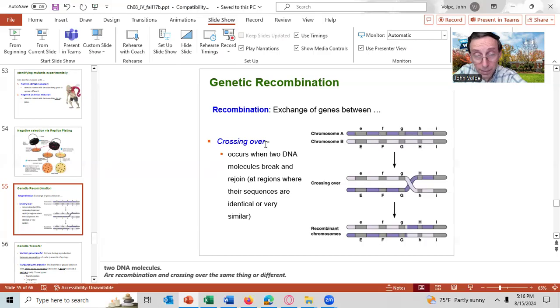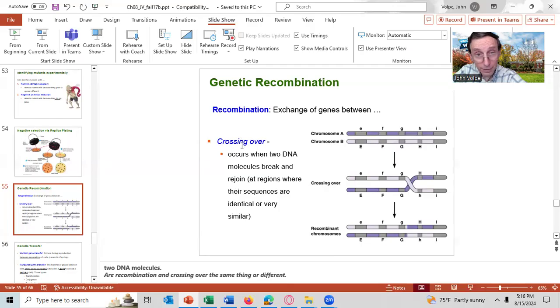And then we'll talk about transposition, where a gene can move from one chromosome to another. That is a recombination event, but it is not a crossing over event. Okay? Any question about any of that?